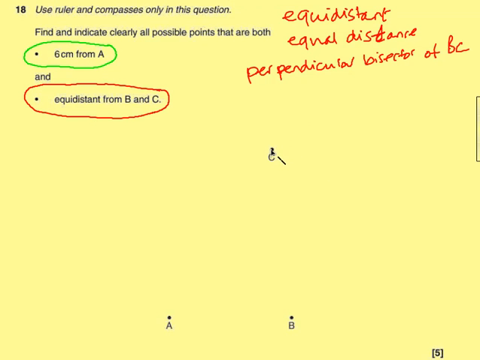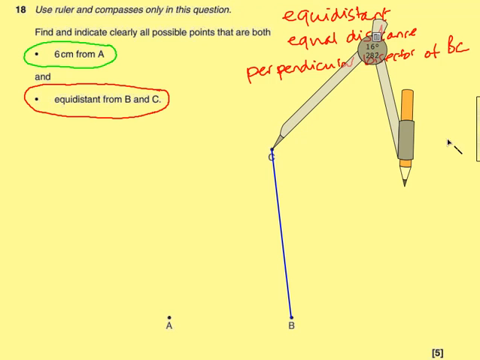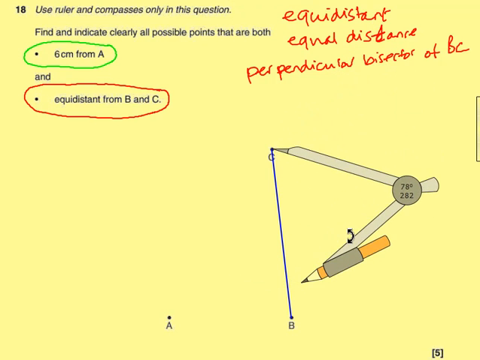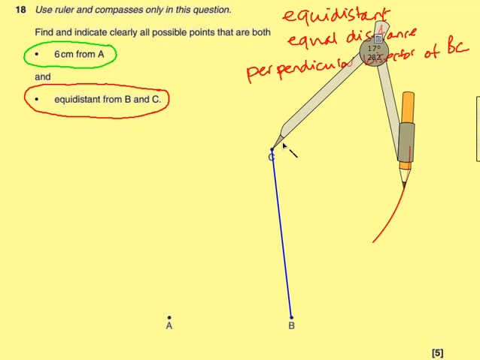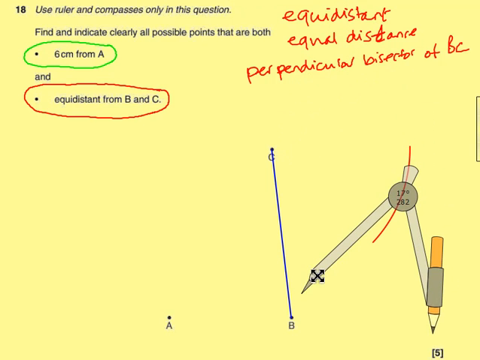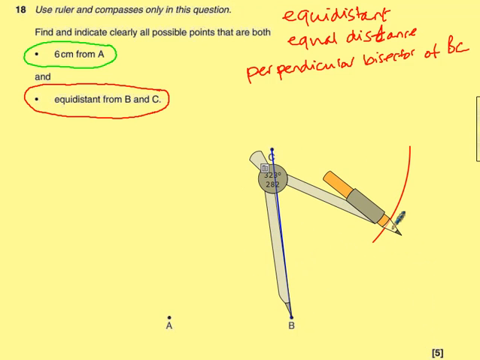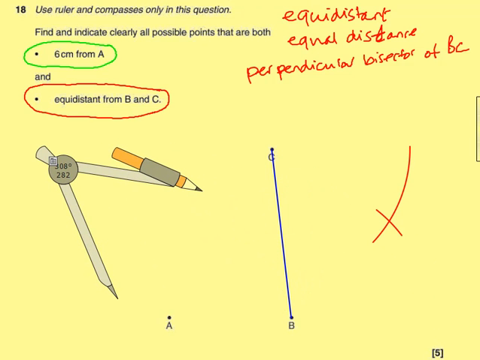So if we join up our line from B to C, and if we use a compass now to construct an isosceles triangle, I need to make sure my compass is bigger than half the length of BC. So we're now going to join two arcs from the ends B and C, and that will now form an isosceles triangle.